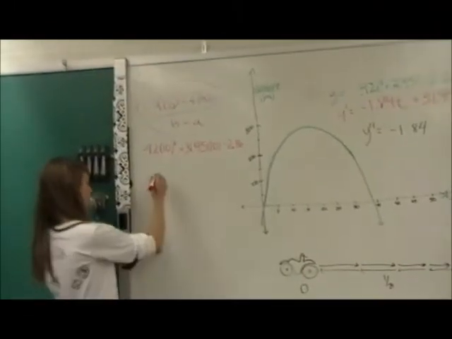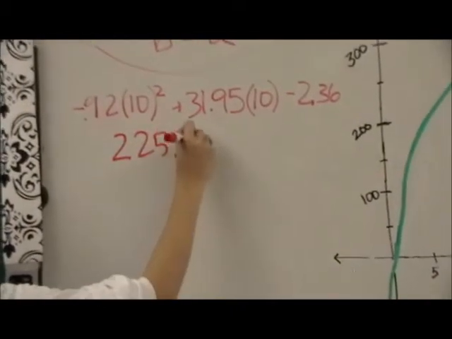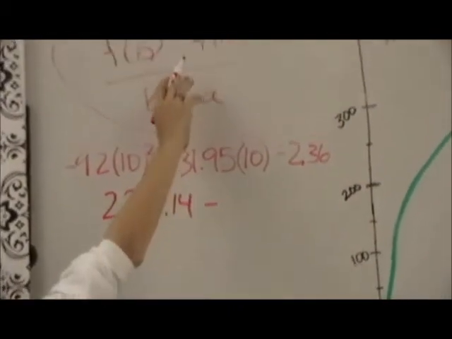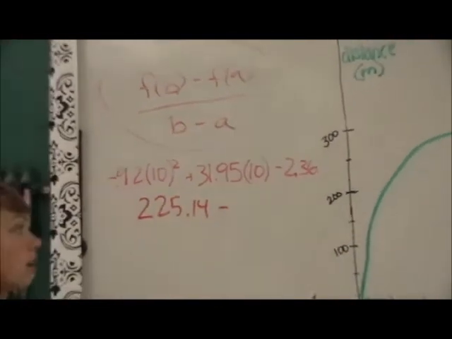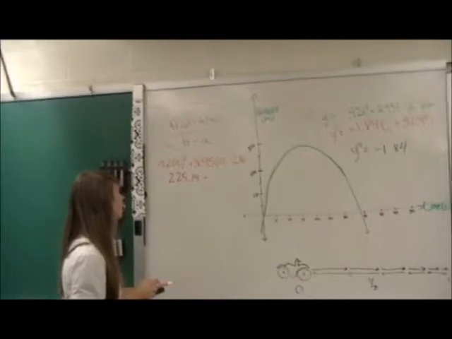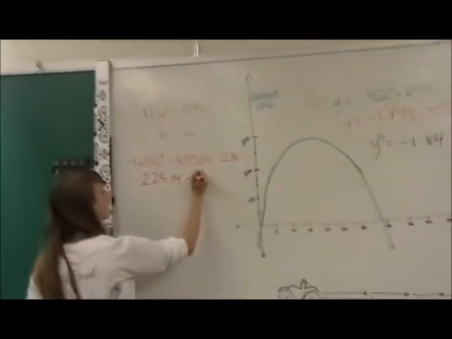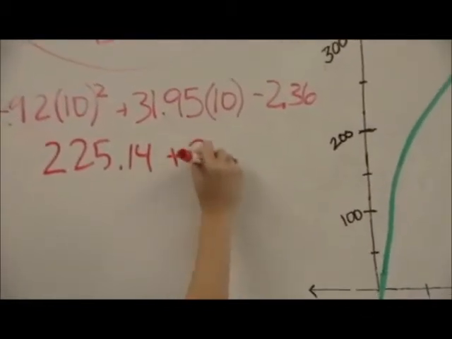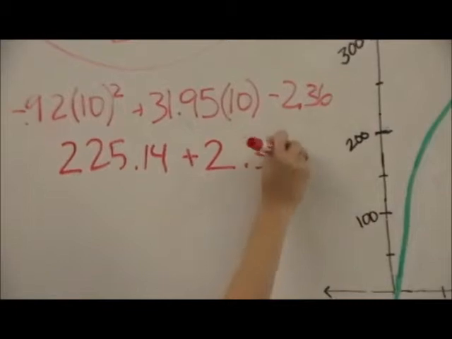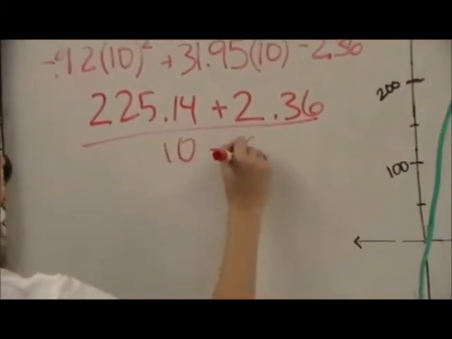Okay, so the answer to that is 225.14, and then you subtract it from f of a, which a is 0 because it's your initial time, and you would just get negative 2.36, so that'd be plus 0.36 over 10 minus 0.